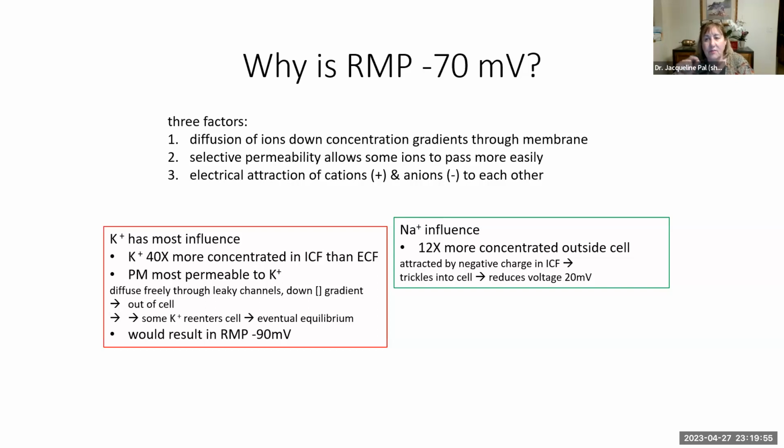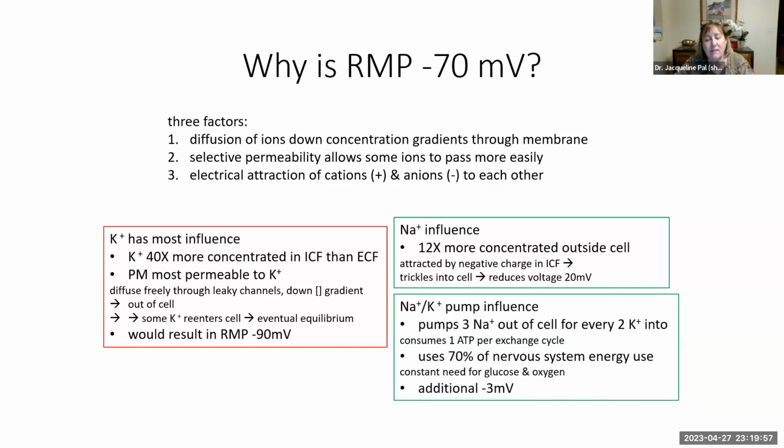And the last influence, which is very small, is that sodium potassium pump, where we're sending 3 sodiums out for every 2 potassiums in, and in the nervous system, this is 70% of the energy your neurons can produce. And that's why your neurons have a constant need for glucose and oxygen 24/7, even when you're asleep.